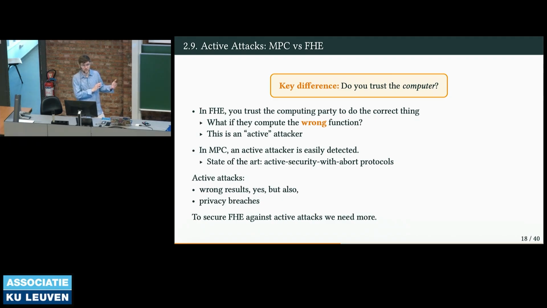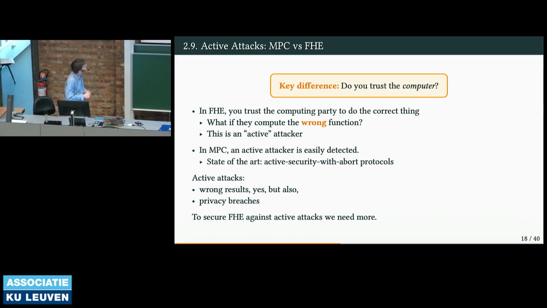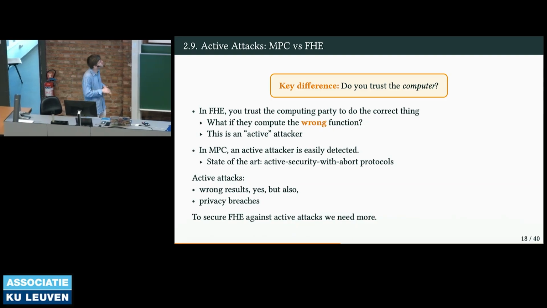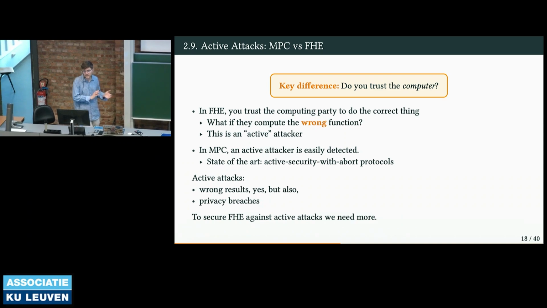The others are trying to compute something else. So they can just withhold their share of the data, and that blocks the computation completely. So in MPC, you can prevent this kind of malicious behavior. The state of the art for this is what we call active security with abort, because if you're satisfied with the eventuality that your computation just aborts with no useful output when this behavior is detected, then you maintain security.